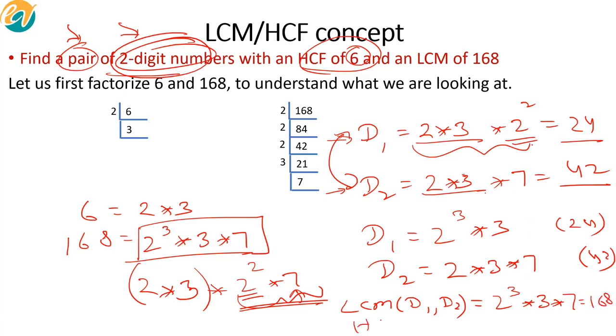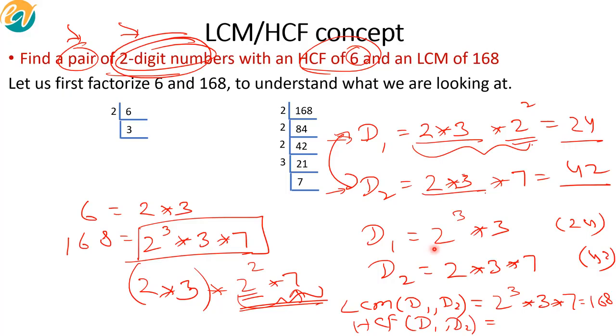And finally, let's also make sure that the HCF is correct. HCF of D1 and D2. And how do we find out HCF? If you remember, the way to find out HCF through prime factorization is you find the lowest powers of prime factors that are common to both these numbers.